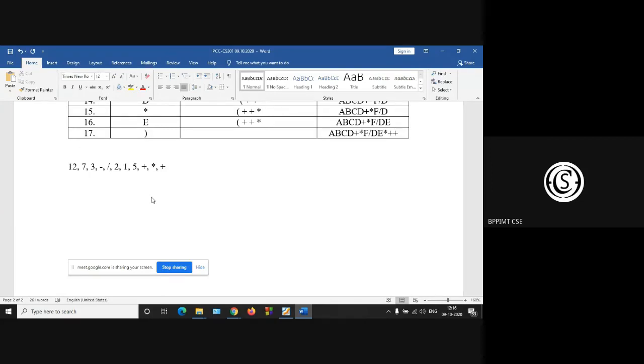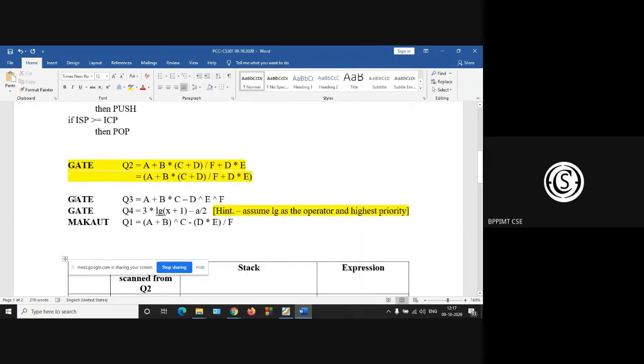And let the second problem be 10, 5, addition, 10, 5, addition, next is 66, division. Okay, then multiplication, 8, subtraction.